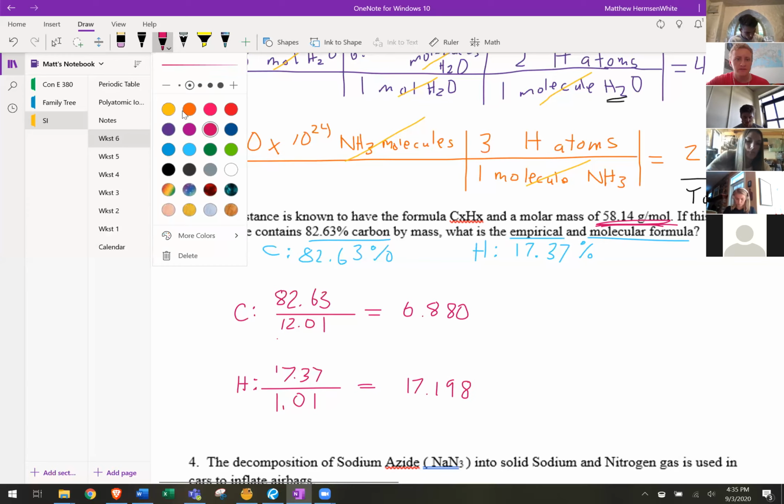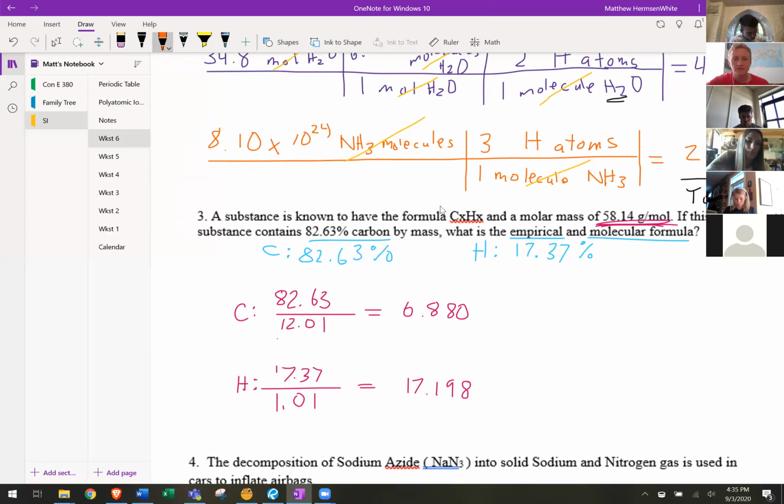Now, once you get these, the next step is to divide them by the lowest of these. Whichever one is the lowest amount, that's what you want to divide by. The lowest between 6 and 17 is 6. So divide by 6.880 and divide this one by the same thing, 6.880.